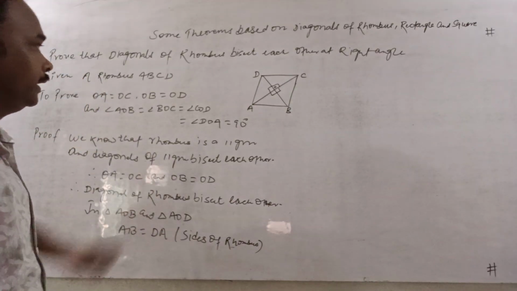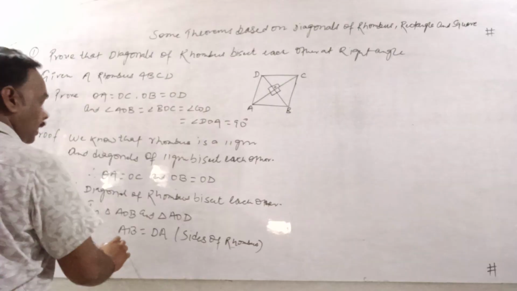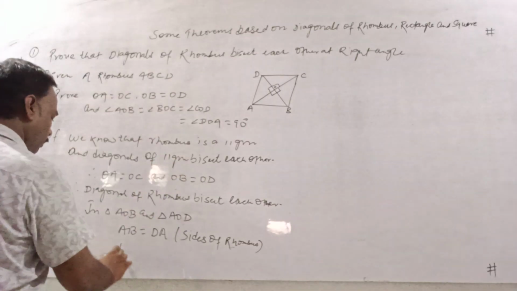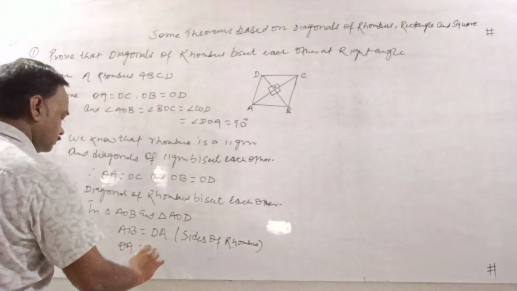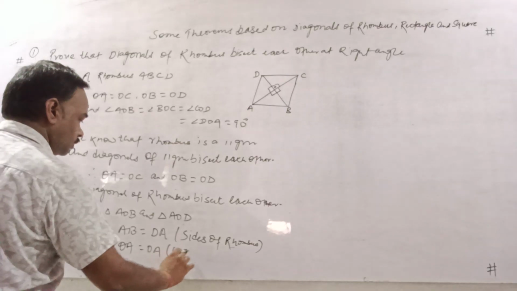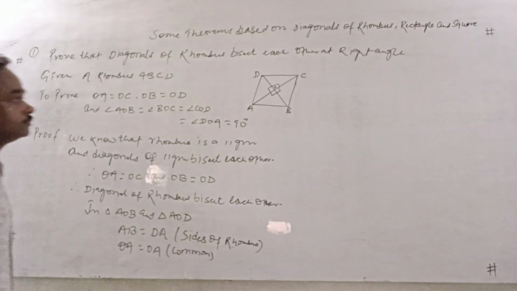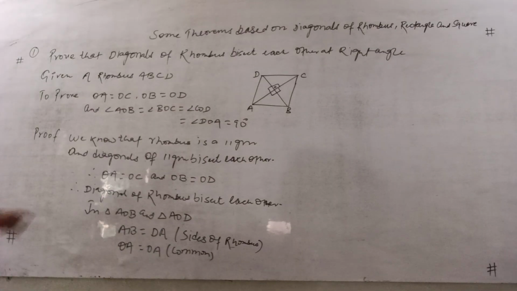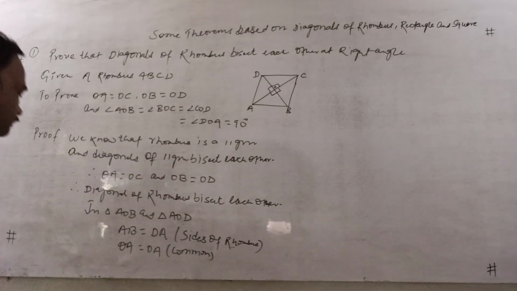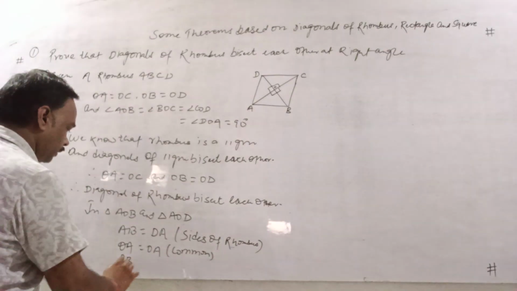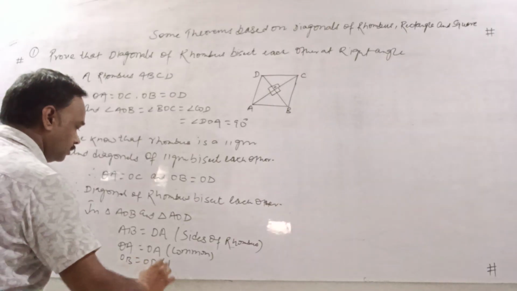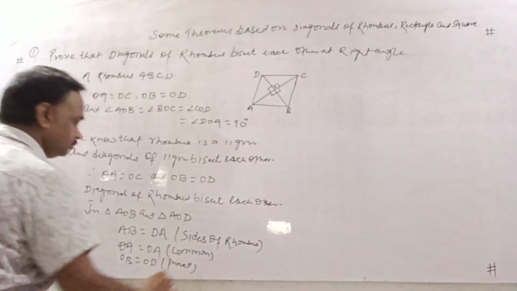Then AB is equal to DA, and OA is equal to OA, common, and we just proved OB is equal to OD.